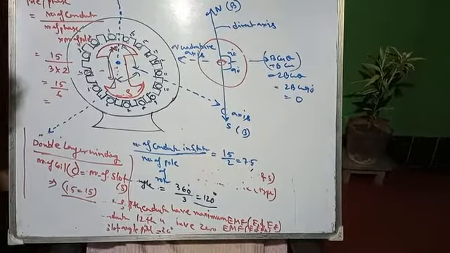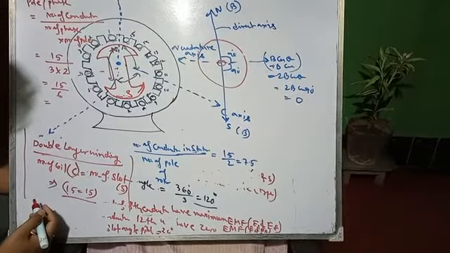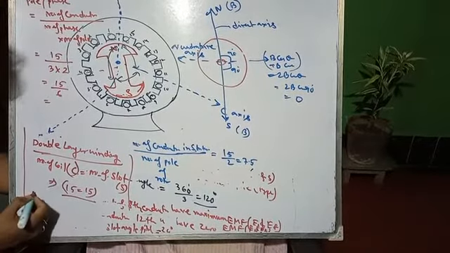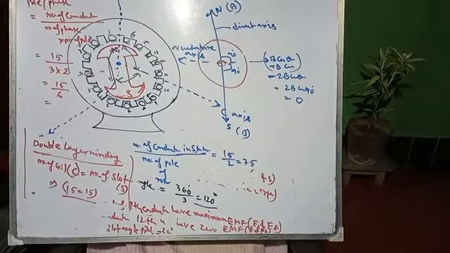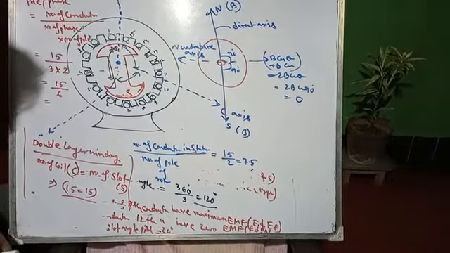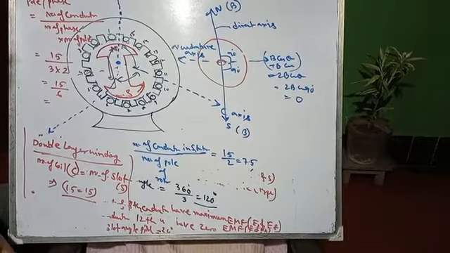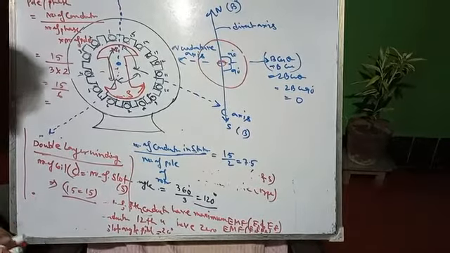Okay, so next one, double layer winding. I think all of you are familiar with this. Last day I discussed what double layer winding is. So let us consider a problem. Write down one problem.